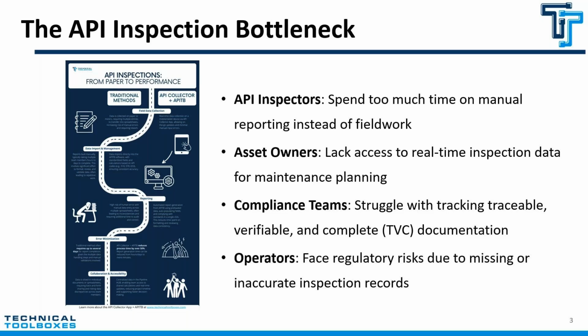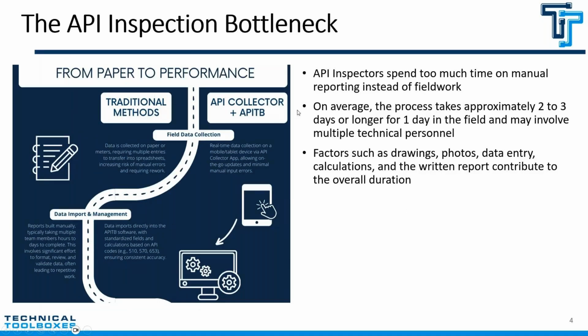And operators face regulatory risk due to missing or inaccurate inspection records. All this stuff adds up and it compiles, and it makes a bottleneck that does not necessarily need to be there.